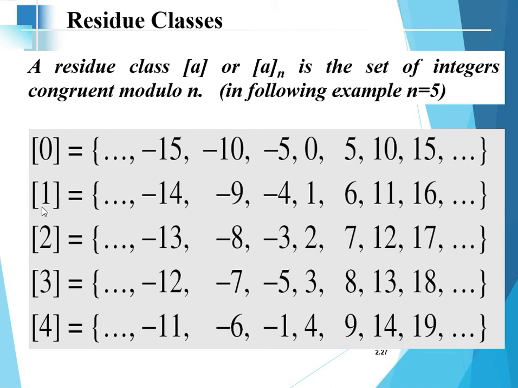If the number is 1, what happens? 1 plus 5 is 6, 6 plus 5 is 11, 11 plus 5 is 16. Similarly, if we go to the negative side, 1 minus 5 gives negative 4, and so on. So the difference from negative 9 to negative 4 is also n.